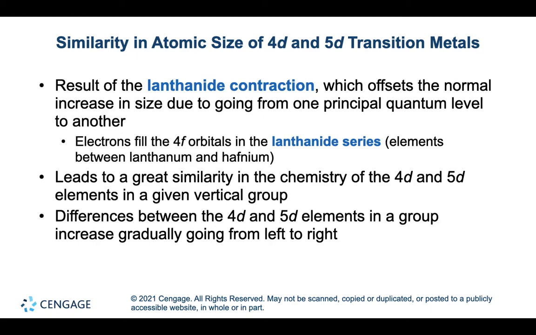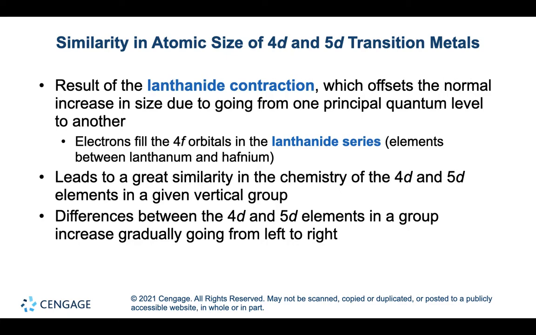You go straight from 5s to 4d. In the sixth row, 6s, 4f14, 5d10. So while you're adding protons and electrons in that 4f14, you're actually seeing a gradual reduction in size due to the additional protons you're adding to the nucleus.